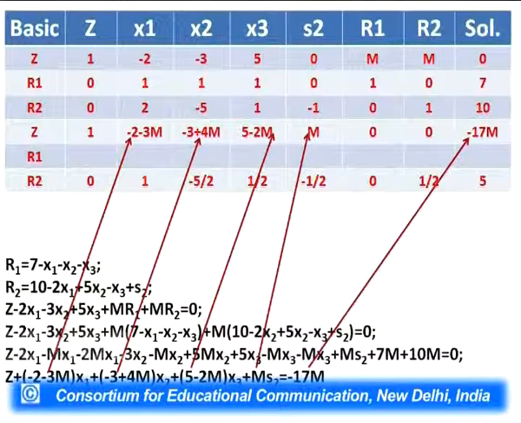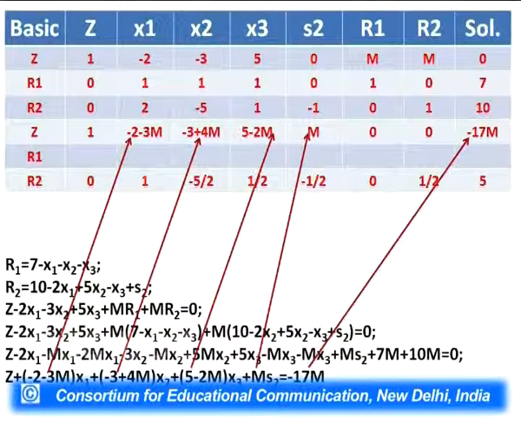For z, initially we had 1, minus 2, minus 3, 5, 0, M, and finally 0. The r1 row has 0, 1, 1, 1, 0, 1, 0, 7, and r2 has 0, 2, minus 5, 1, minus 1, 0, 1 and 10.